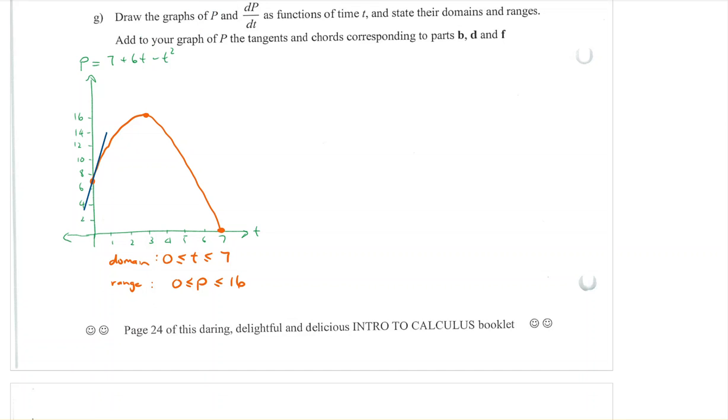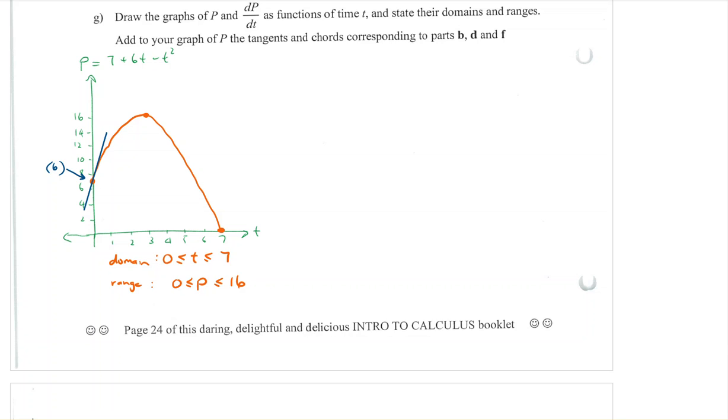Okay, so it's a bit tricky to do when that's kind of the edge of our graph. But what we can see there, this is for B, that the rate of the population at that point is increasing quite steeply. That tangent's quite a steep gradient there.